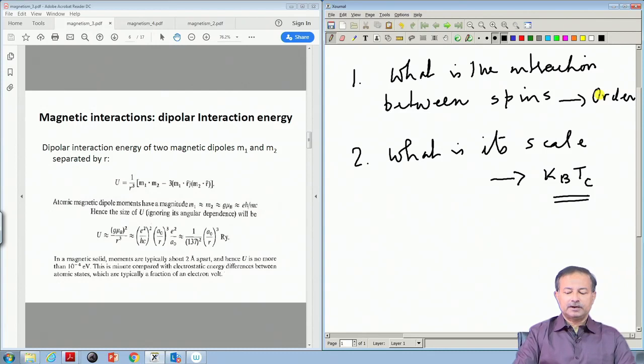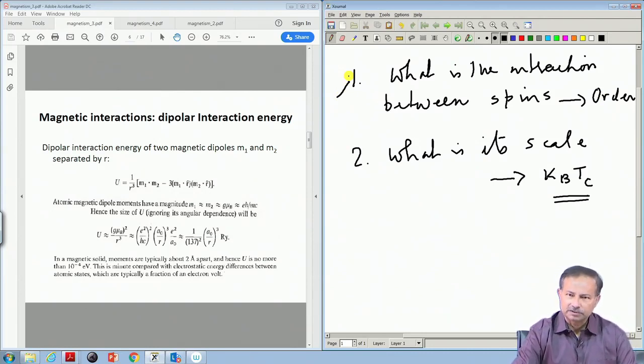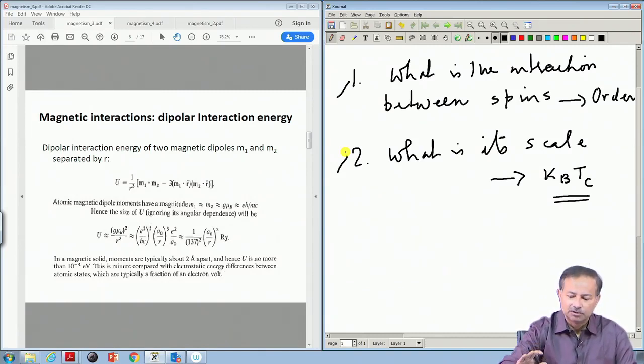So, these are experimentally already determined, whereas we need to find out how these interactions come about. Okay. So this question is to be answered first. If we know this, then we can answer the second, because then we already know the scale of these. Remember, there are two ways to attack this problem.